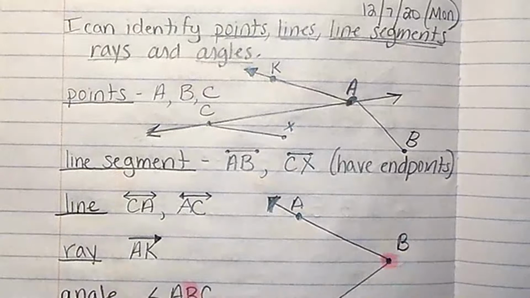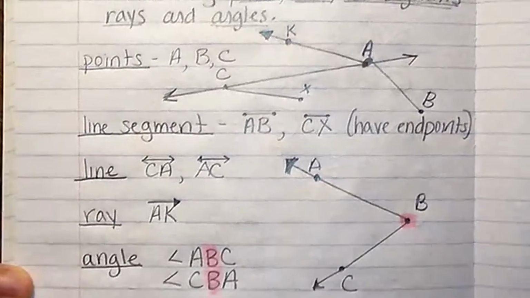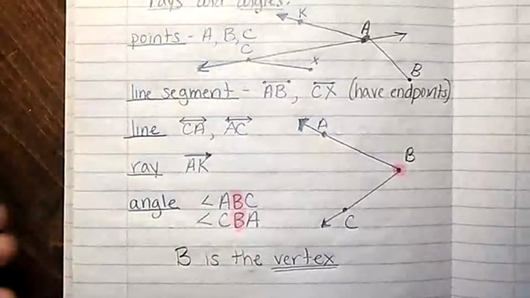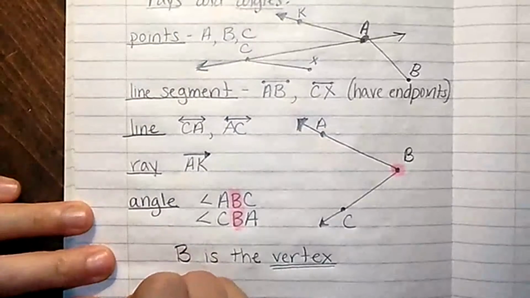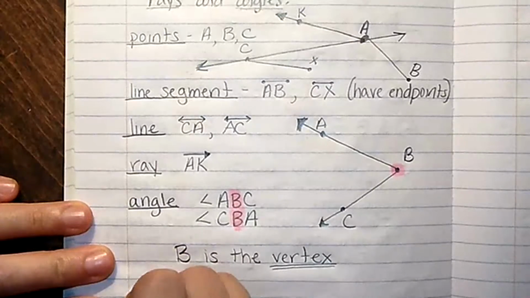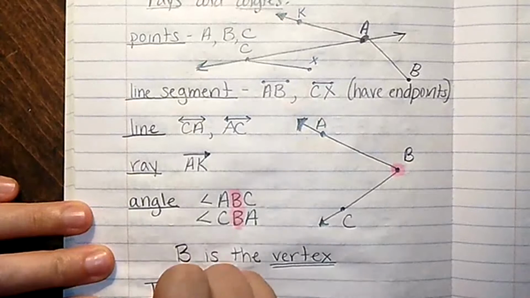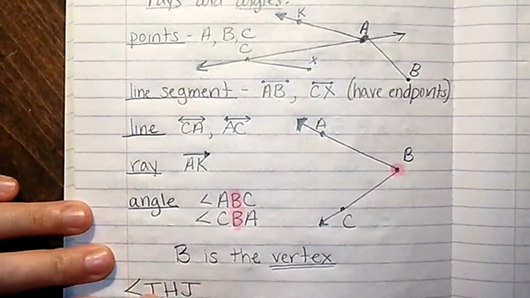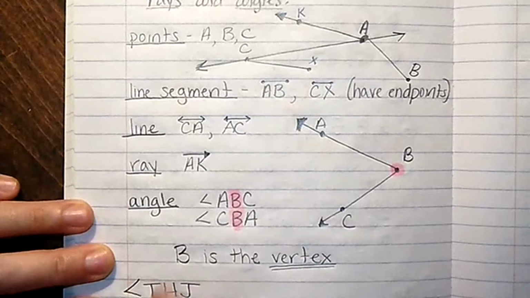So even if I found a different angle, I could make up an angle. So it's not one that you necessarily know, and it's not one that we've written down. I'll use somebody else's initials. T, H, J. That's my angle, THJ.